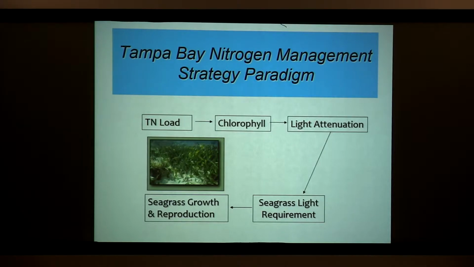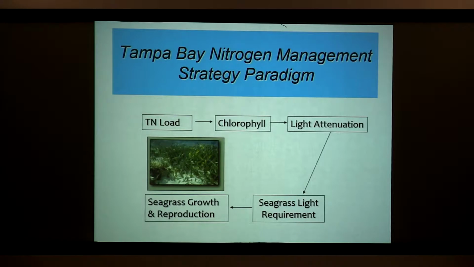Then we took a look at seagrass light requirements, some work that Mote Marine Lab did, indicating that seagrasses in Tampa Bay need about 22.5% of the light that hits the surface of the water down to where the grass blades are. So we now have a numeric goal for light requirements of seagrasses in Tampa Bay.